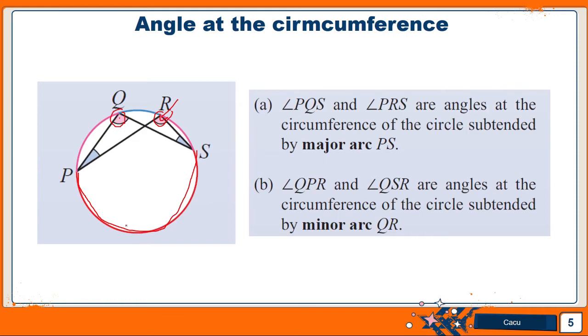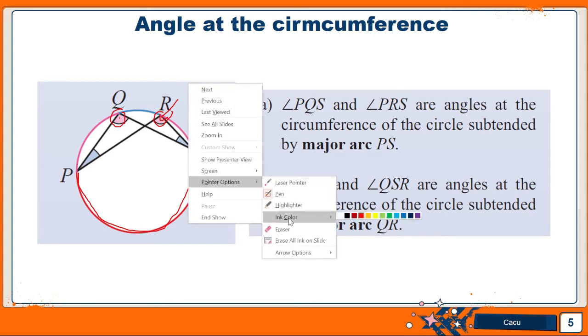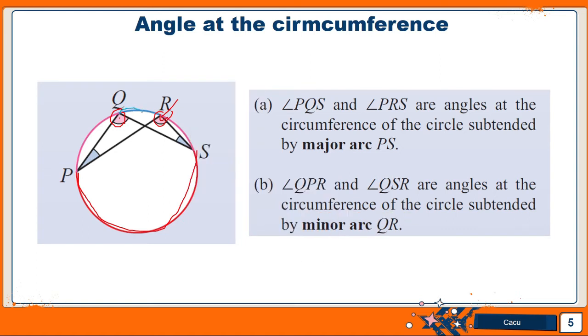Then we look at the blue angle over here. This is the angle subtended by arc QR. I use blue. From arc QR, the angle subtended by arc QR is angle QPR, this one.